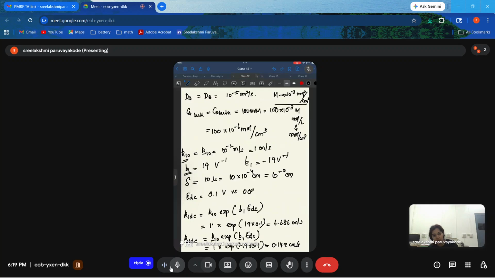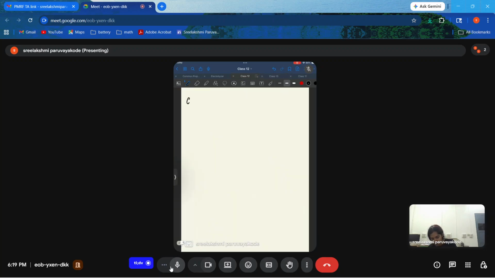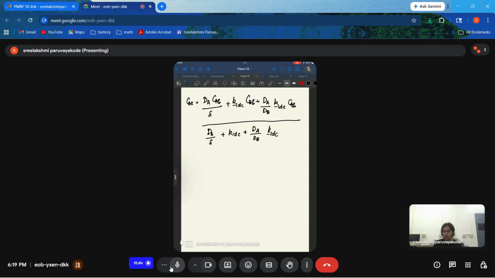So this is the equation you're going to use, which is CAS equal to dA CAB by delta plus k minus 1 DC CBB plus dA by dB k minus 1 DC CAB, divided by dA by delta plus k1 DC plus dA by dB k minus 1 DC.